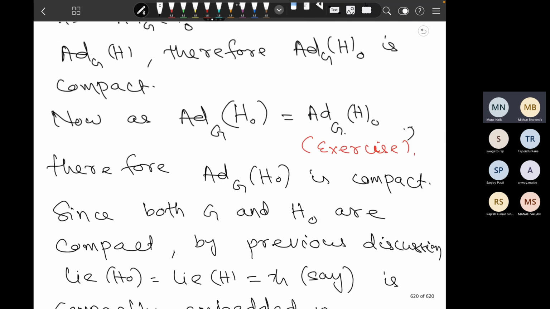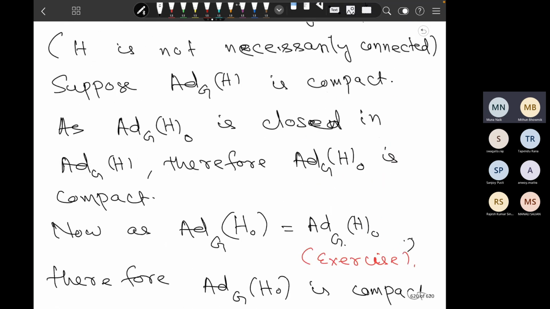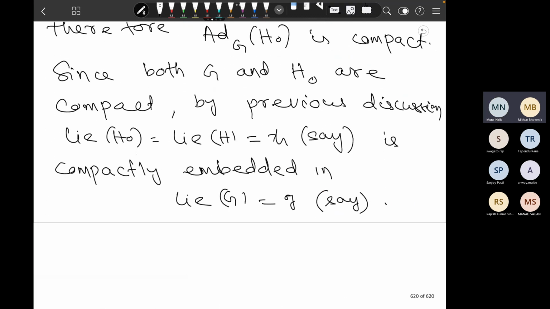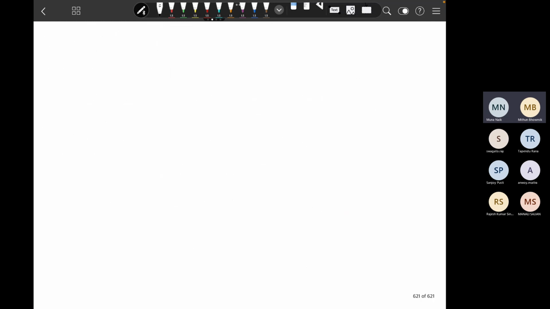So the conclusion: if RGH is compact, then the Lie algebra of H is compactly embedded in g. And I am writing this. So, conclusion.